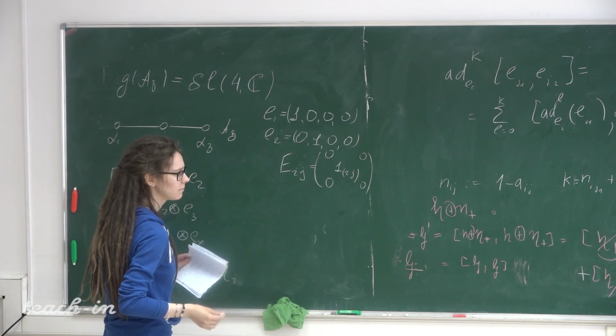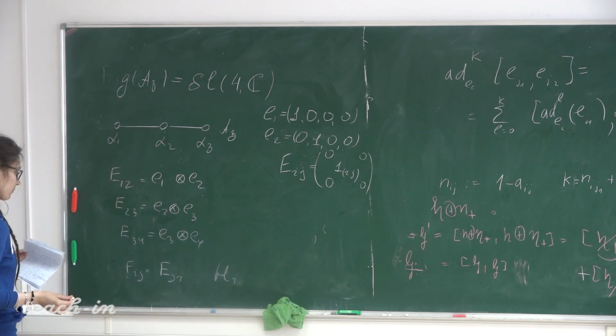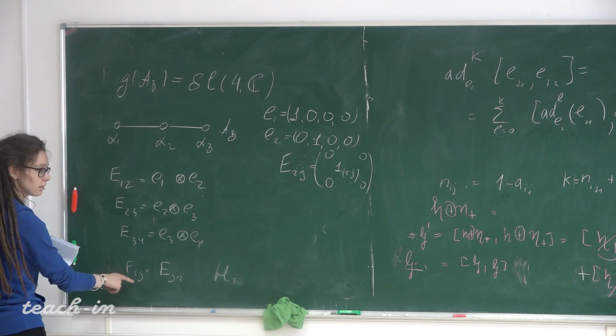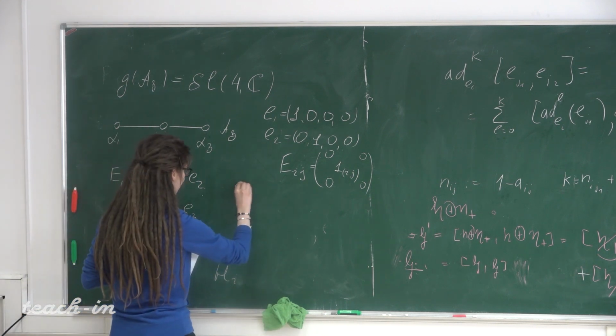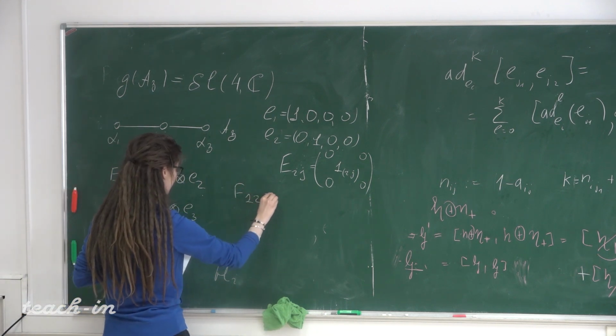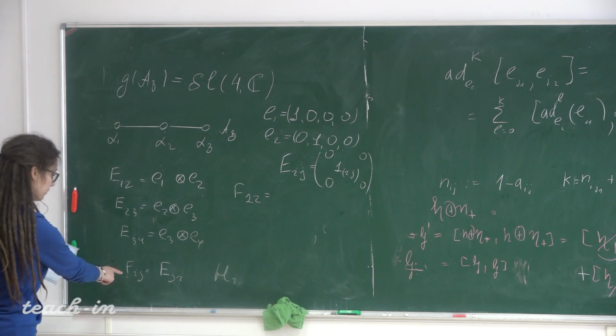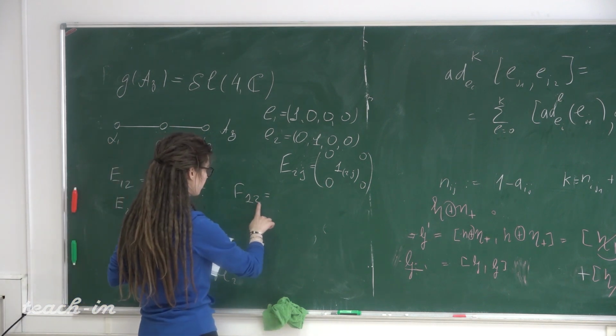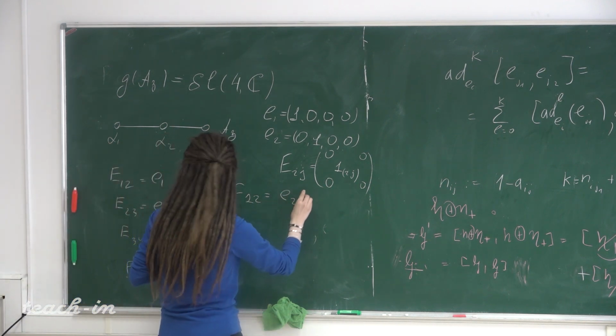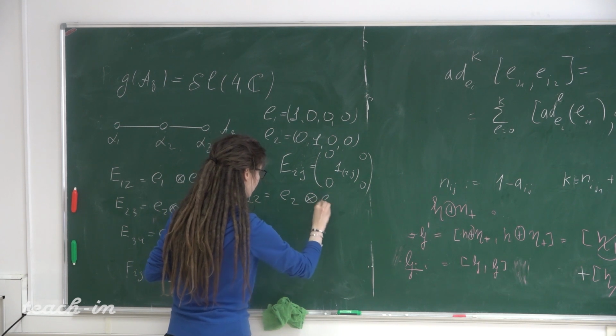I'm sorry, why is that? I think these are two different matrices. I mean the indices are different, so E_ij is not equal to E_ji. Oh, sorry, yes. F1 is E2, E1.